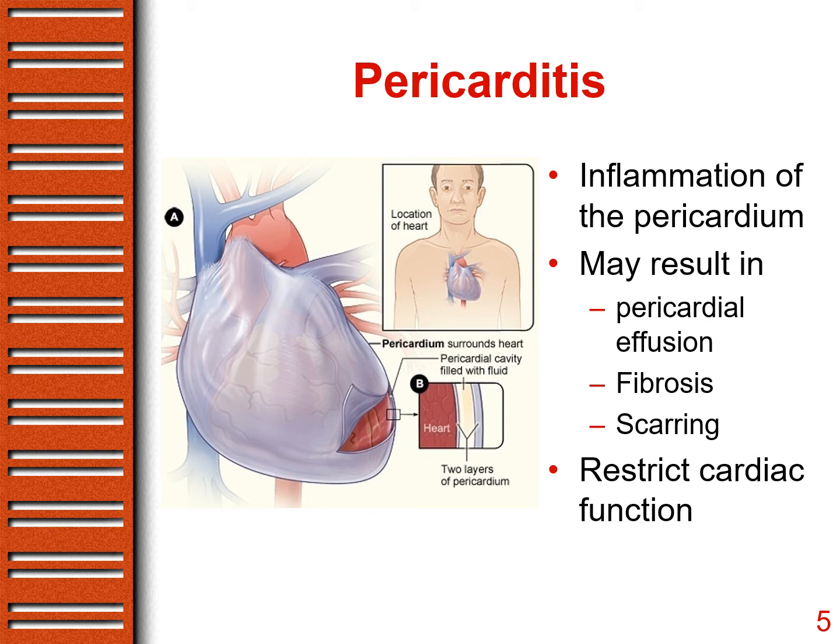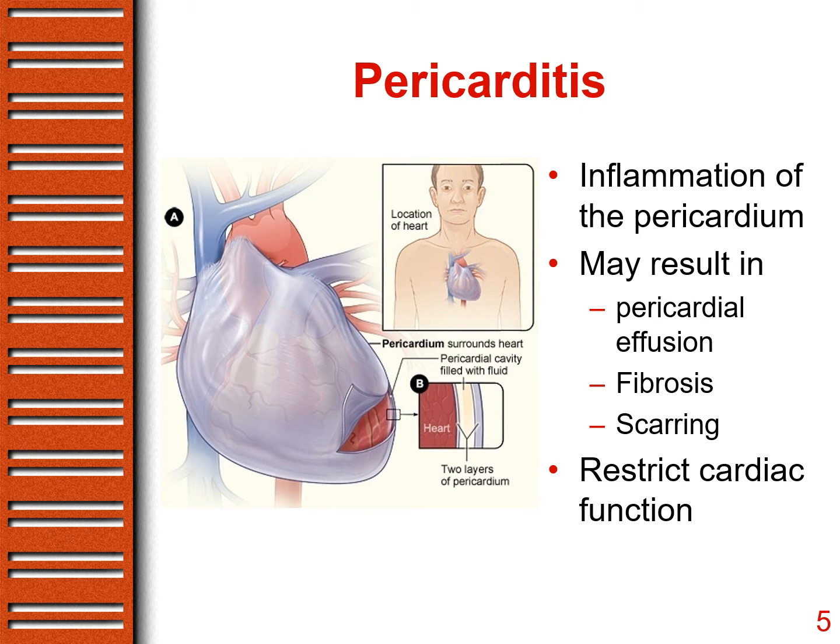Heart attacks, acute MIs, and cardiac surgery are also common causes of pericarditis. Inflammation of the pericardium may result in pericardial effusion, fibrosis, or scarring. These changes restrict cardiac function.